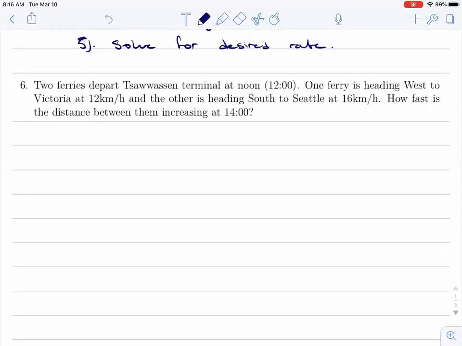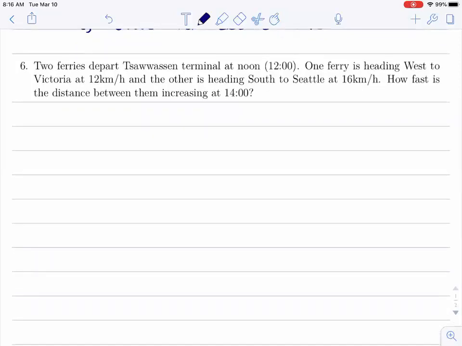So remember, we've got our strategy. Of course, we've read the problem carefully, which kind of goes without saying. But now let's draw a diagram just to figure out what is what here. What do we know? And then establish some notation. So the first thing we're going to do is, if I start here, I have to head west and south from Tsawwassen.